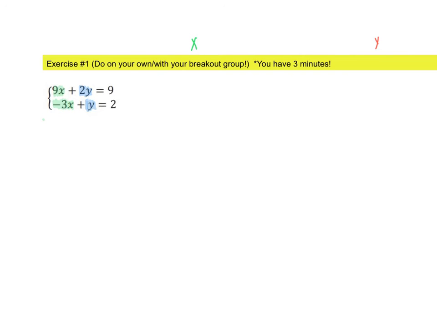So for your x's, if you decided to eliminate them, you know that you need to get both of these numbers to be the same. One's already negative. One's a positive. So that's awesome. But they both have to be the same number. So I'm going to turn that 3 into a 9. So how do I do that? I want to turn this into a 9.